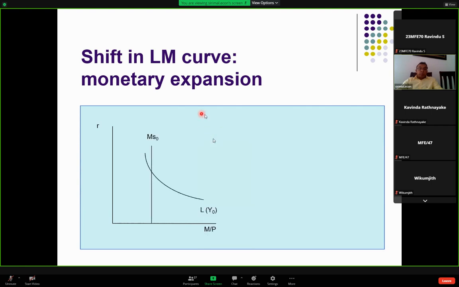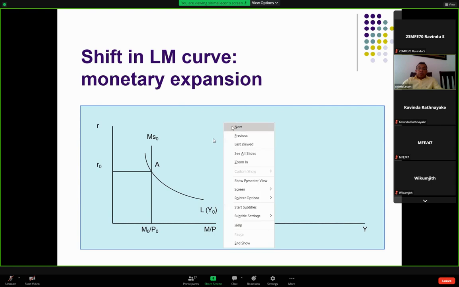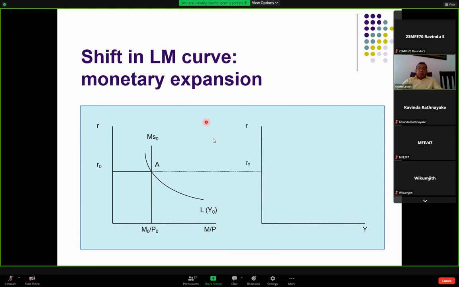So let's draw our money market equilibrium at point A, and the ISLM framework right there on the right side, extend that interest rate, and the corresponding equilibrium point is point A. So I have skipped one graph here.